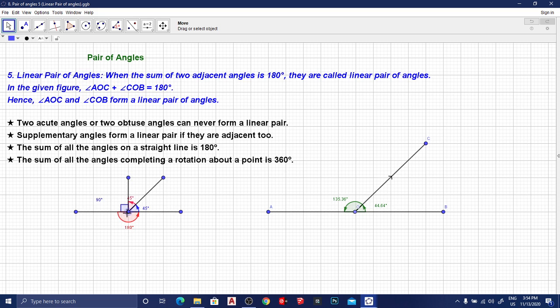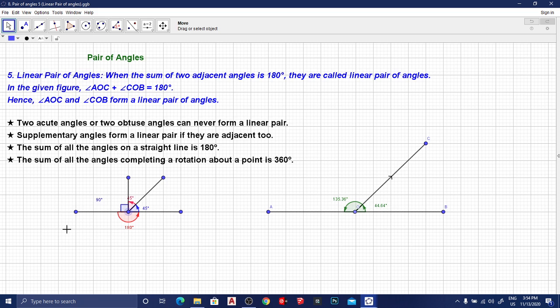About this point, all the angles which are completing a rotation like this, the sum of all these angles will give 360 degrees. About a point, all these angles will form a total of 360 degrees. See here, up to here, this is 180. This is also 90 plus 45 plus 45 is 180. 180 plus 180, 360 degrees.